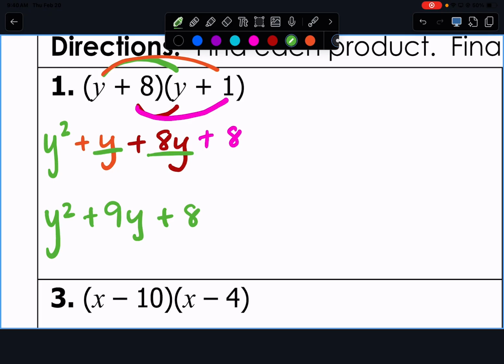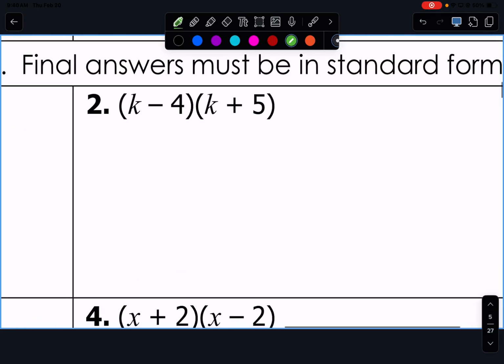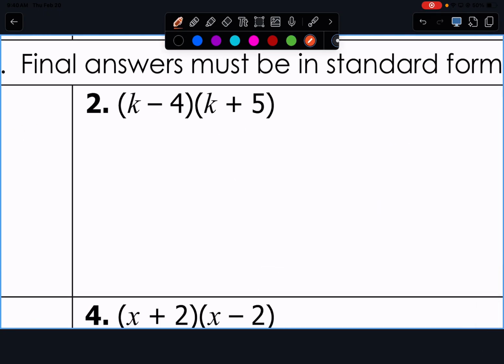So for number 2, what do I do first? k times k, so it's k squared. Perfect. Then k times 5 to get 5k. Negative 4 times k to get negative 4k.